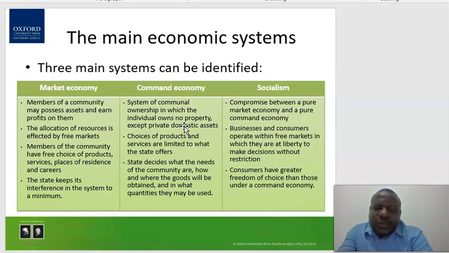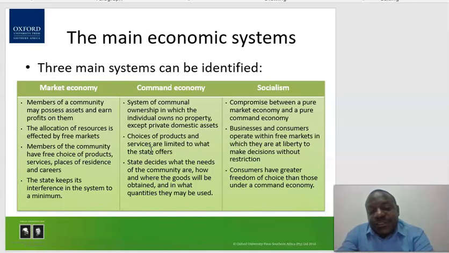But what is commonly known is that in a free market system, or in a market economy, members of the community have freedom of choice, because there are many players in that economy offering products and services in pursuit of profits. So it's important to realize that members of that community may also possess assets, and they can earn profits from those assets.